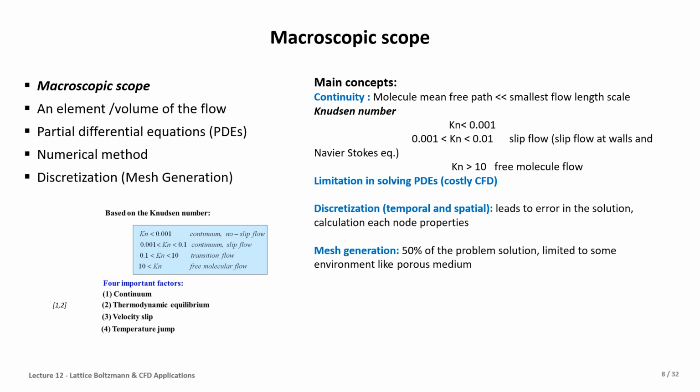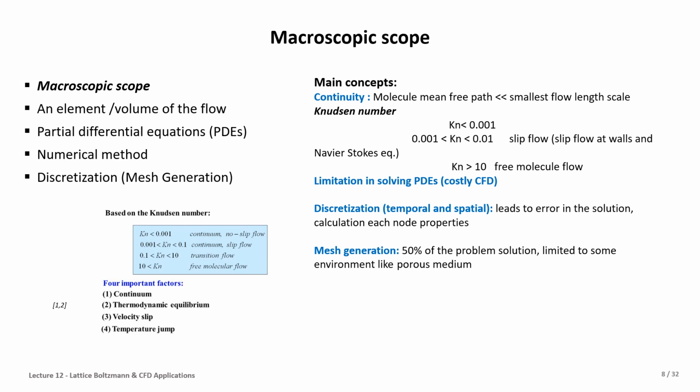However, in the macroscopic scope we are dealing with partial differential equations, and we have limitations in solving this type of equation, especially when we use CFD for three-dimensional problems. It is so costly, and that is aside from the turbulence issue.